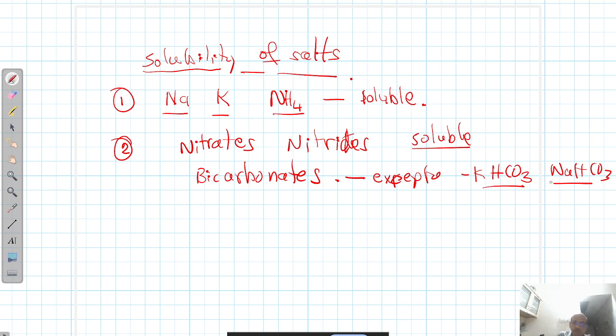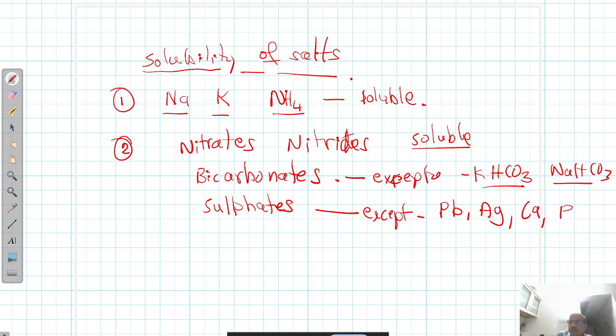All sulfates are soluble except lead Pb, silver Ag, calcium Ca and barium Ba. These sulfates are not soluble. You should remember this.